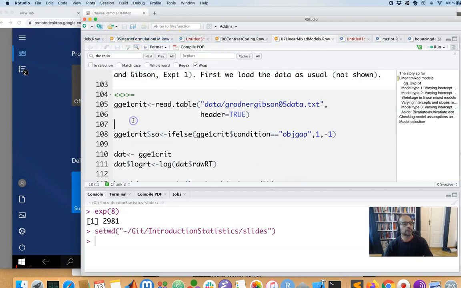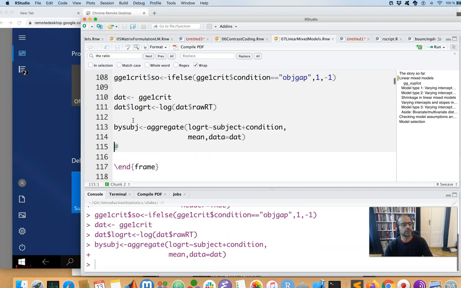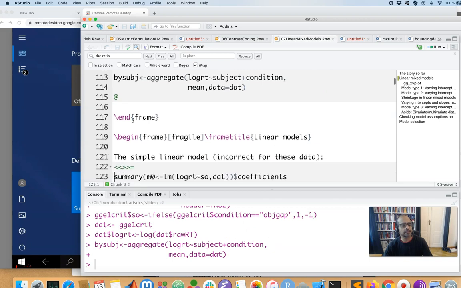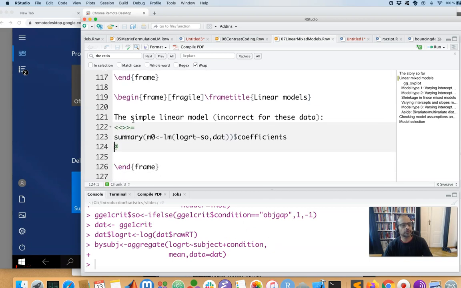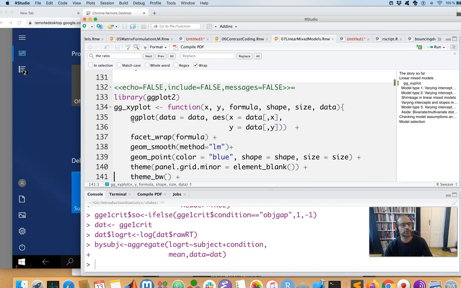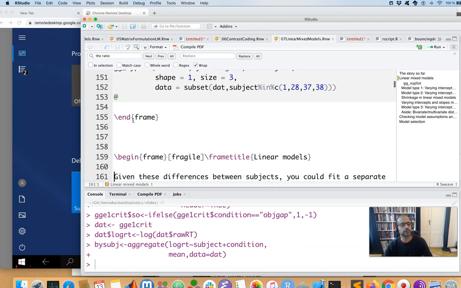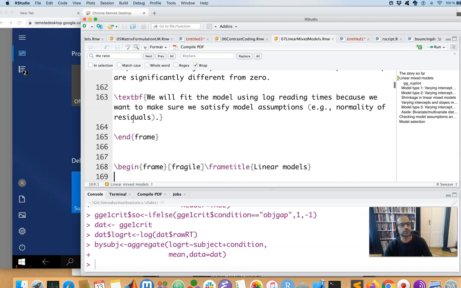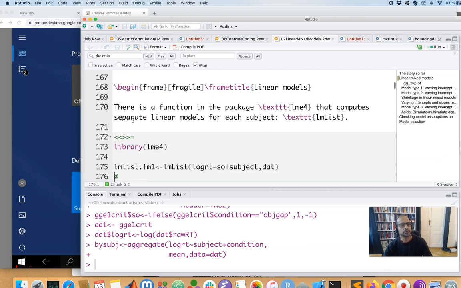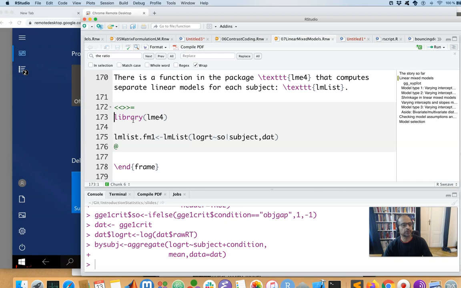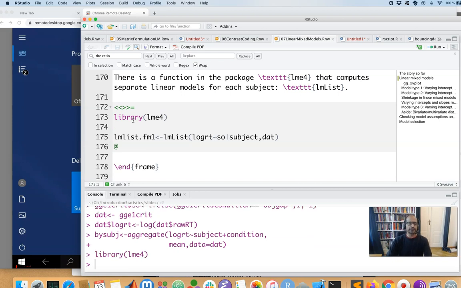Okay, so let's go here. We got the data, we subset everything, get the aggregated by subjects data, and now I'm going to fit a separate linear model for each subject. The way I'm going to do it is, let's go here, I've got the lme4 function and I fit a separate linear model for each subject.